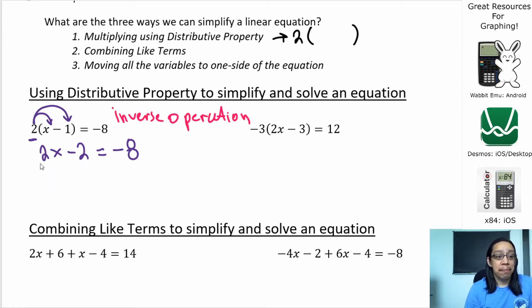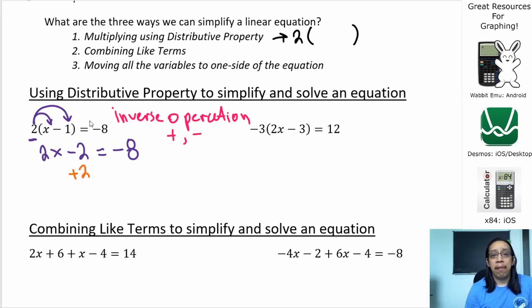In this case, this is the side that has x in my equation, so I'm going to be focusing more on this side than on the other side. Then think about whether there is any addition or subtraction in my problem. Absolutely. There's a subtraction of 2 right here. So we're going to use the inverse operation of minus 2, which in this case would be plus 2.